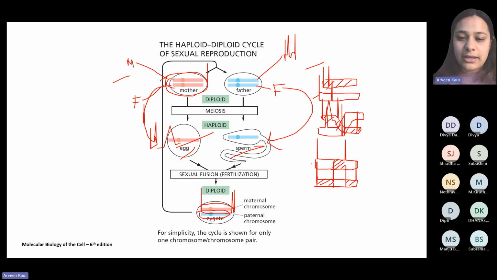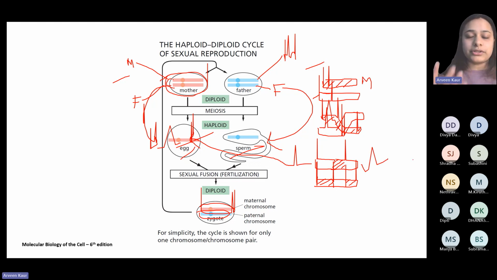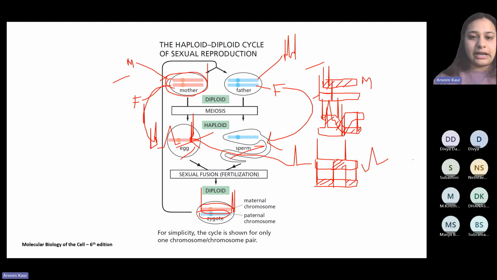So maybe I am receiving this chromosome over here. But even if I'm receiving that chromosome, it has gone through some recombination with my mother's other chromosome. So now it has the properties of both of my maternal grandparents, my maternal grandmother and my maternal grandfather.